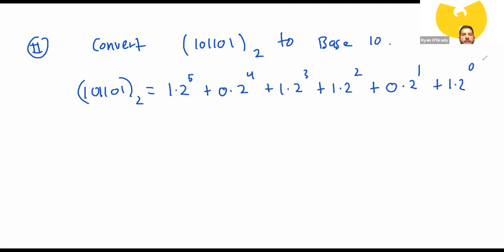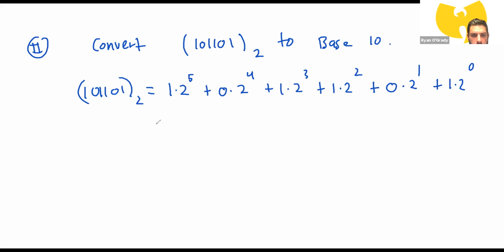We remember we had a learning moment with this on Monday where we started writing this out correctly or incorrectly. So this is what base 2 means. These numbers are the coefficients of the powers of 2. So now we just have to do normal arithmetic.